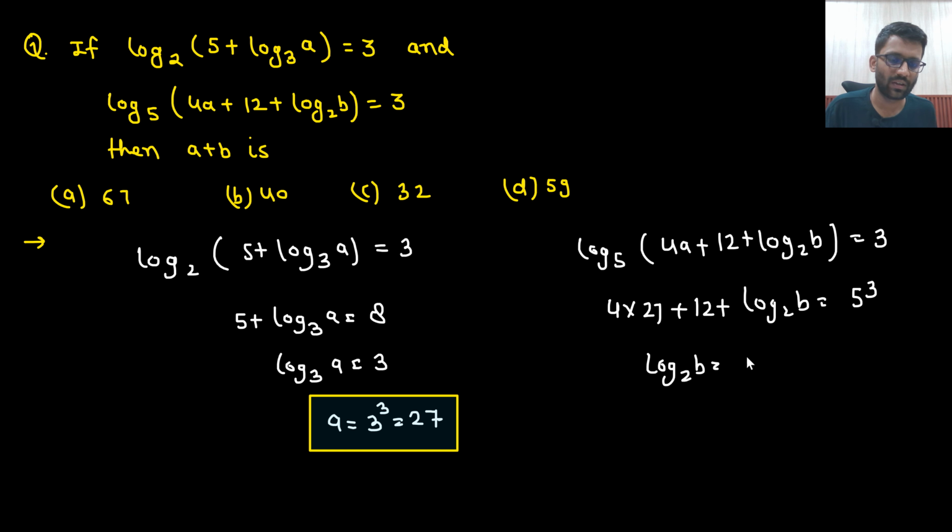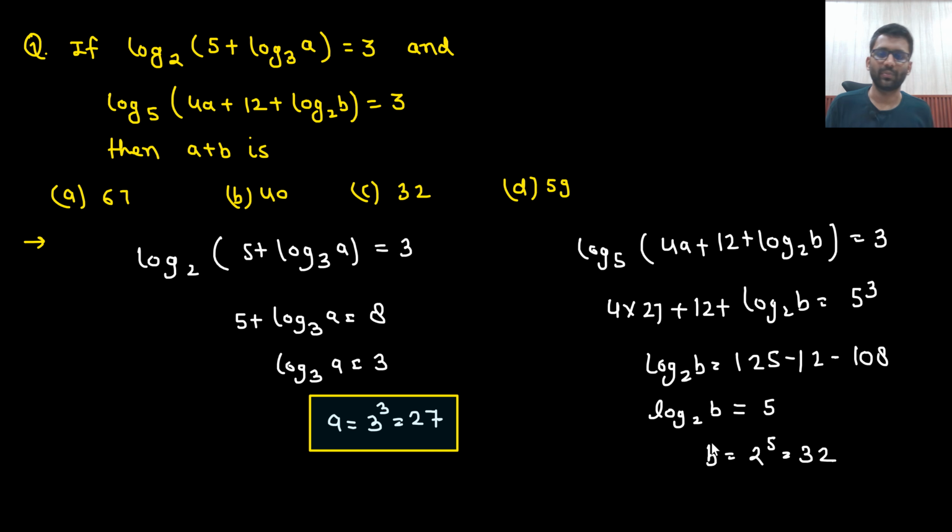So log_2 b is equal to 125 minus 12 minus 27 into 4, which is 108, so it would be 5. So log_2 b is 5, so b is 2 to the power 5, which is 32. So the b value is 32.